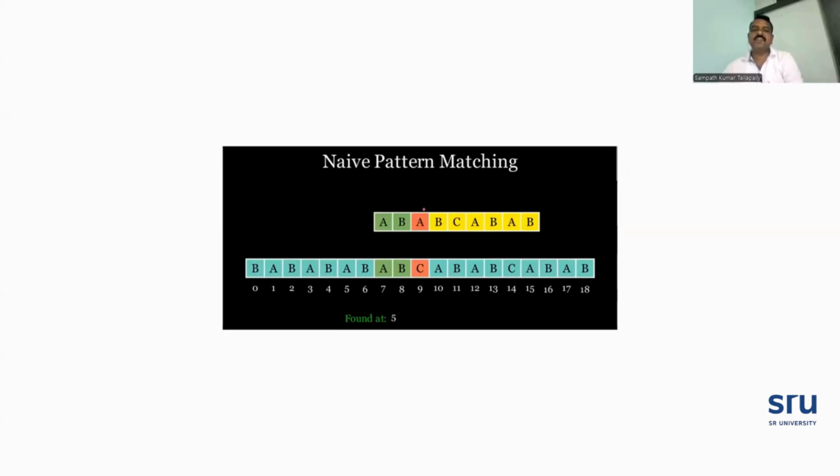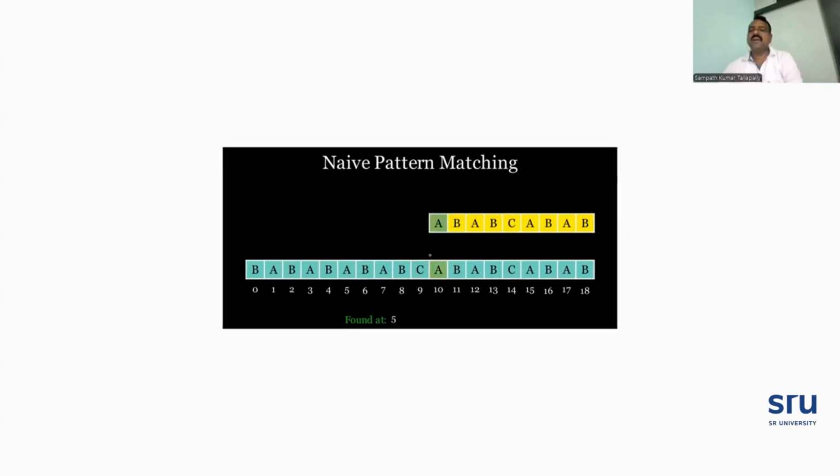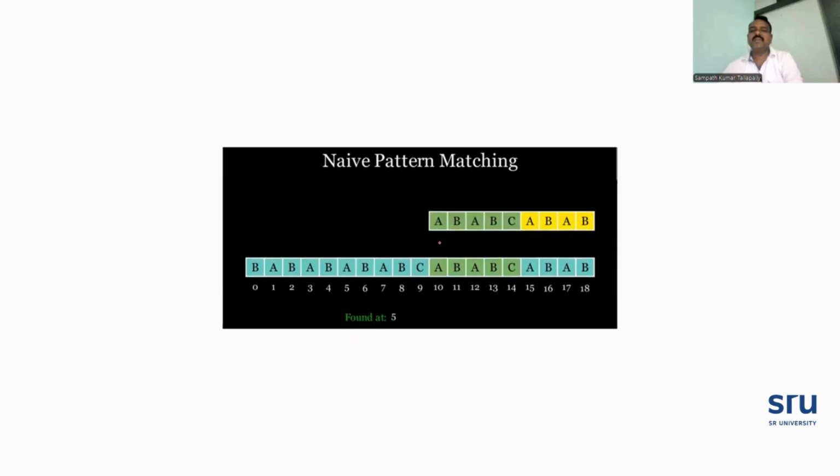Whenever it is not matching, we go back here and send the control from here to here. Again we see these two characters are not matching, so we increment the index, and these two characters are not matching. And now at this point, we see that all these characters are matching.